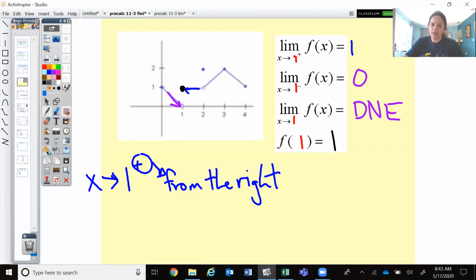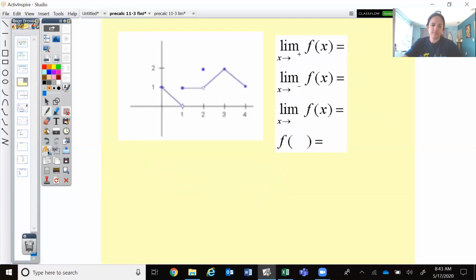So that's one example. And then if we want to do one more, if we look at 3, the limit as x approaches 3 from the right would be 2. The limit as x approaches 3 from the left of f of x would also be 2, which means since those are the same, that the overall limit is 2, and f of 3 is, you guessed it, 2.